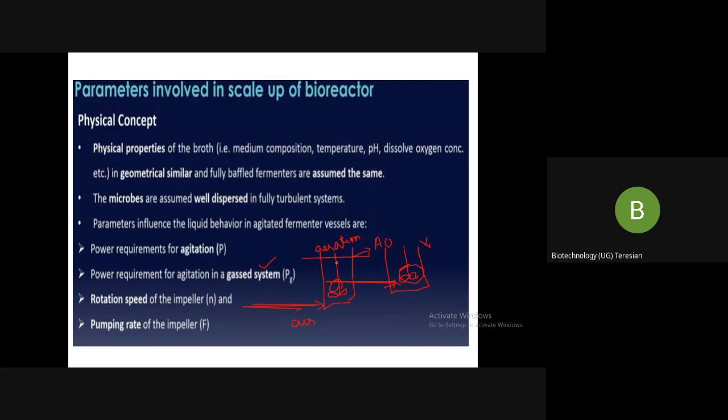This aeration creates a turbulency, a kind of movement of the water, and due to this the power requirement of the stirrer will be less as compared to your ungassed system. Because I have inlet and outlet air and there is aeration, it results in turbulency inside the media, and therefore the power requirement will also be less.